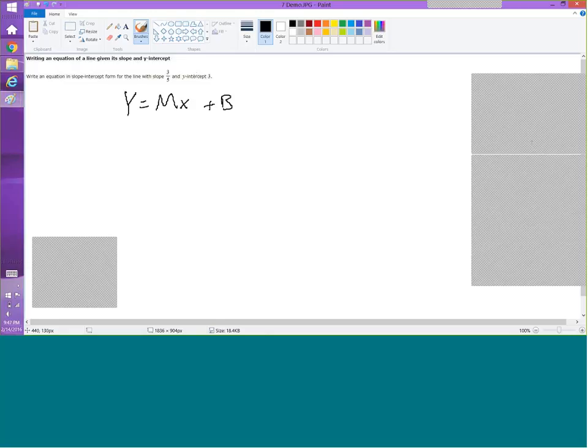They give us our m and they give us our b, so we can just fill that in as y equals our slope, 3 over 5 times x, plus our y-intercept, 3. We're there. Nice and easy, right?